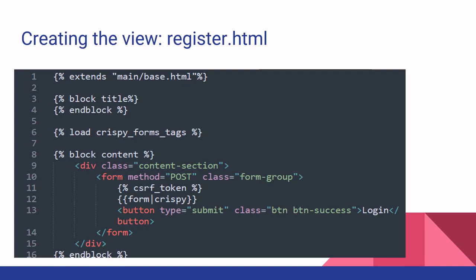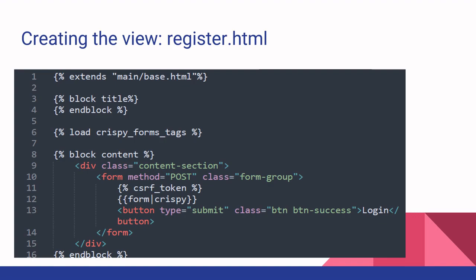Load loads a custom template tag, which we are loading, Crispy form tags from Django. Block content overrides the default content template. A div represents a division or a section in HTML contents, while a class is an attribute that specifies a class for an HTML element. An HTML form is used to collect user inputs.